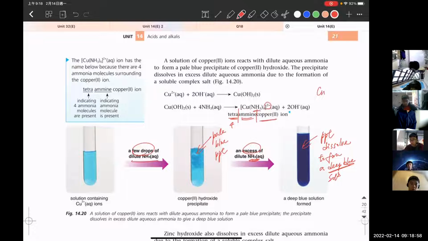So you still stick to the name copper ion, but not cuprate ion. So the complex form is this. Now please take note that each ammonia has no charge, while the copper(II) ion has a 2+ charge. The overall charge is 2+.